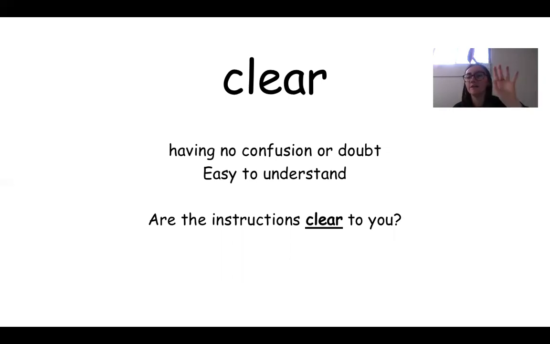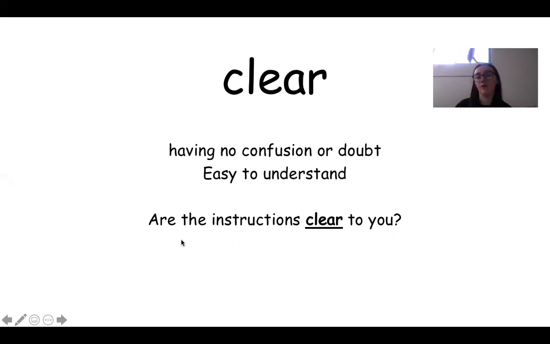It's not like clear glass or a clear wall, right? It's an idea. You can't actually see it. But when we talk about ideas that way, it's the same thing. It's something that you are not confused about.